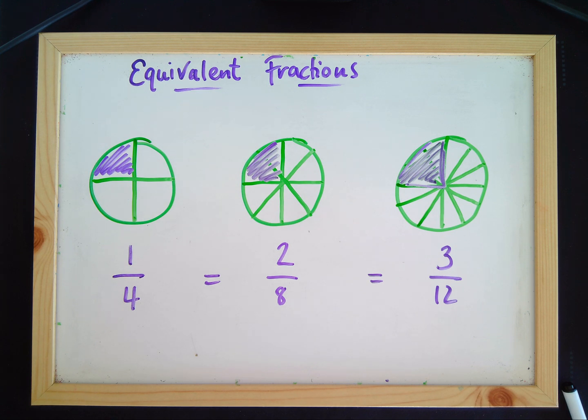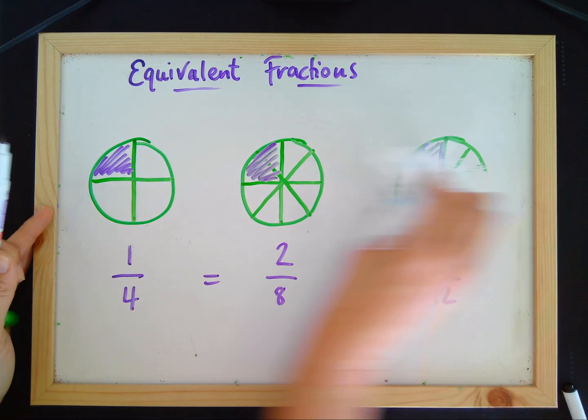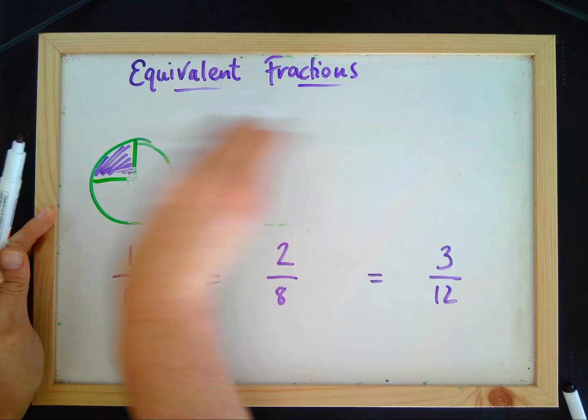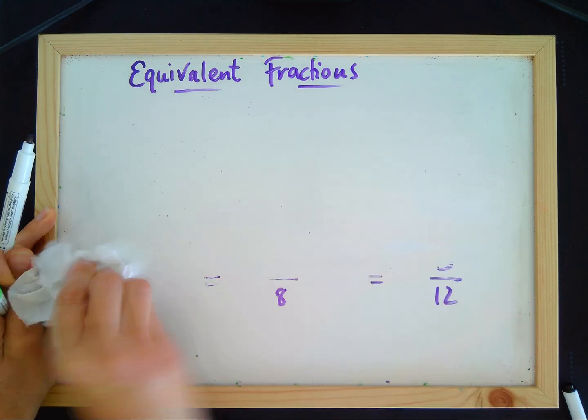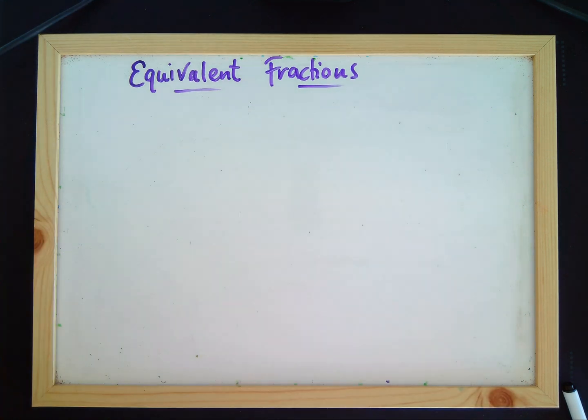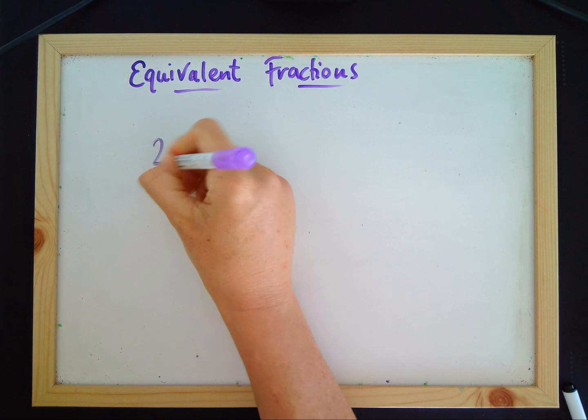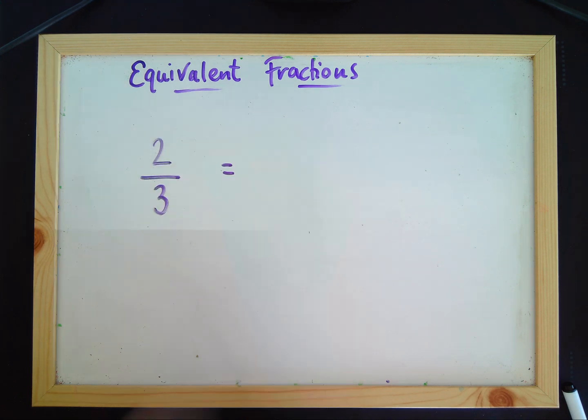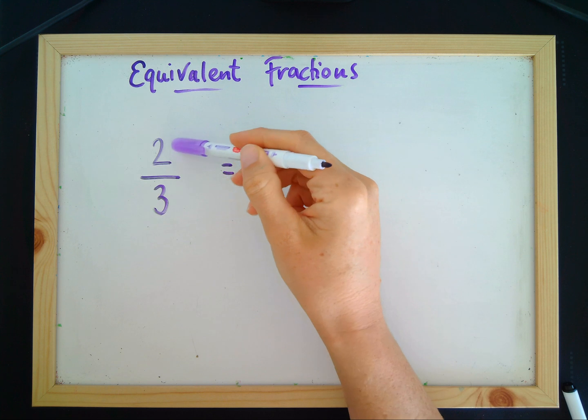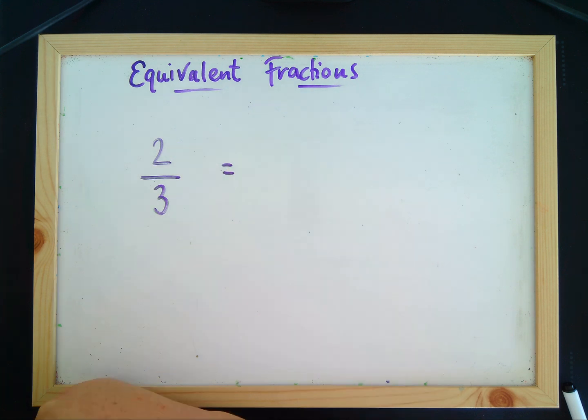Okay? Now, what if we don't have a diagram to help us or a fraction wall to help us? Well, you can always make one. Okay, you can always draw your diagram accurately or look at a fraction wall. But we also can just do it using numbers. Okay? So if I write down a fraction 2/3 and I want to write an equivalent fraction to 2/3, okay, I can multiply the numerator and the denominator by the same number.